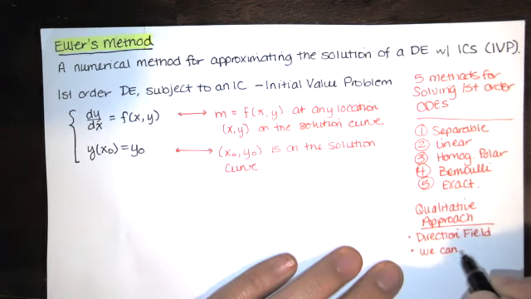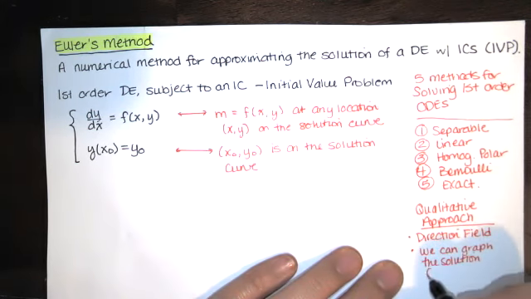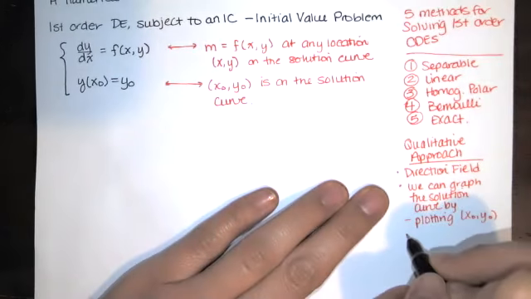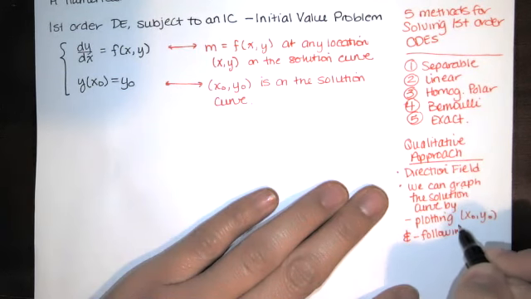Let's write this down. We can graph the solution curve by plotting x naught, y naught, and just following the arrows.